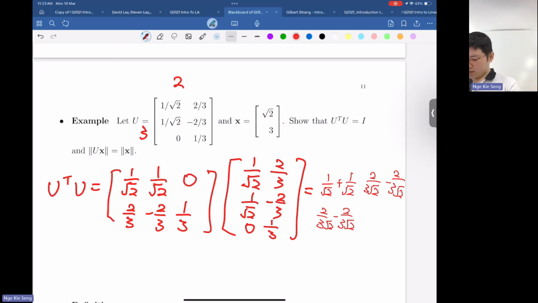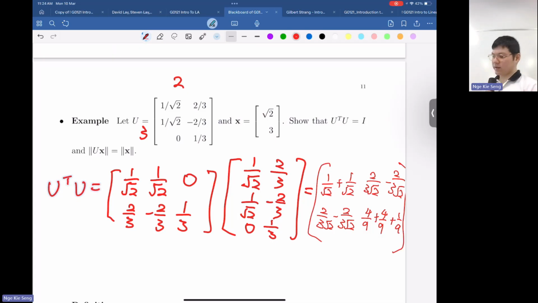And then the last one, there are 3 terms here: 4 over 9 minus 4 over 9 plus something over 9. Is there anything wrong here? Wait, something wrong here. Minus minus becomes plus.